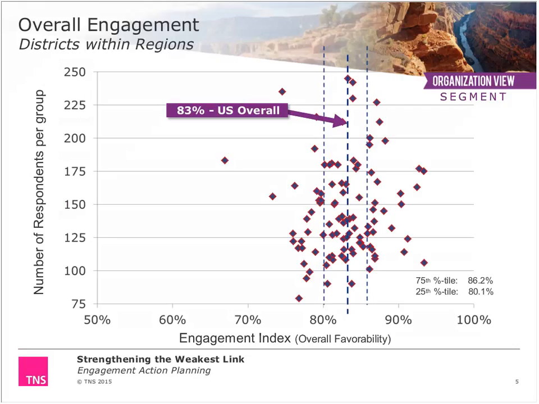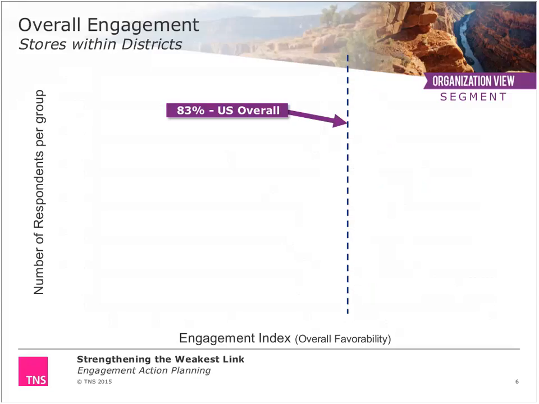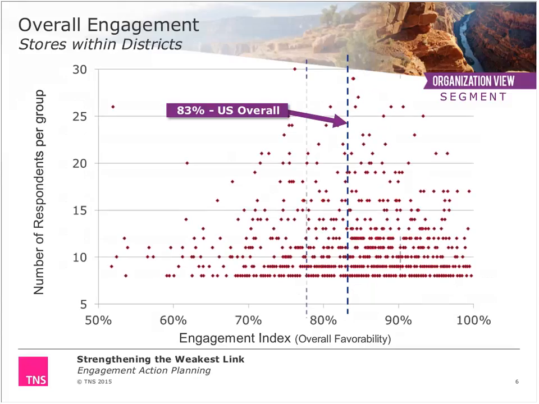We're going to go one more segmentation, because in this particular organization, even though they were small stores, we were able to capture actual individual store engagement. And watch what happens. Again, 83%. Here's the distribution. And those dotted lines are the first, second, third, fourth quartile. Wow.